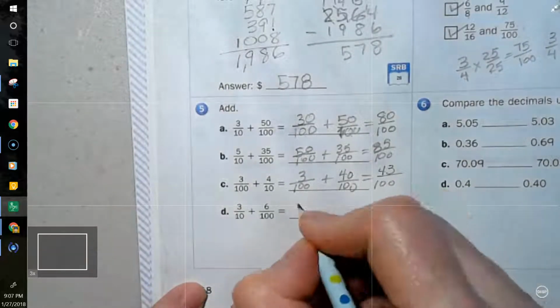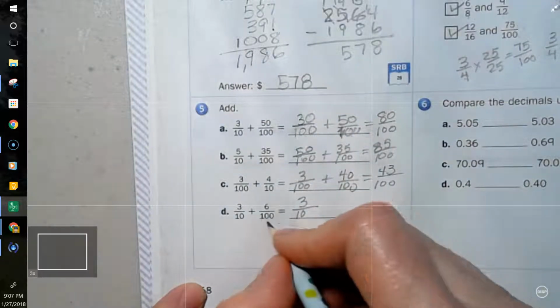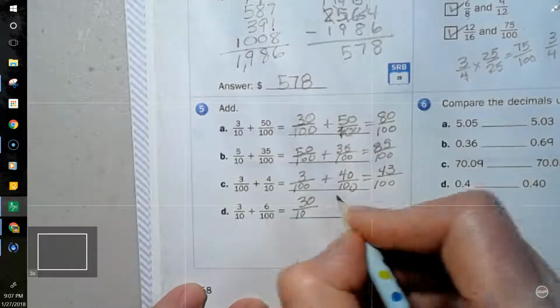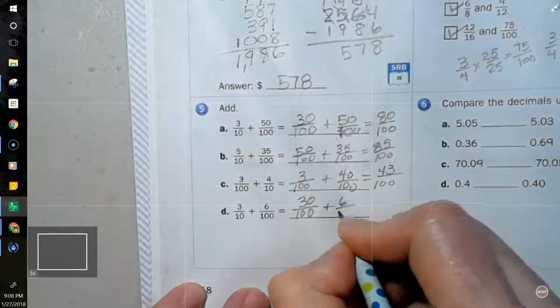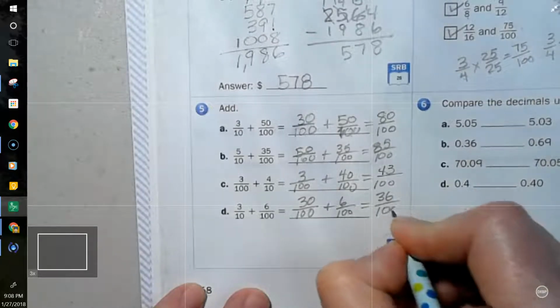And the last one, the first number needs to be put into hundredths because the second one is. I can do that by multiplying the top by 10 and the bottom by 10, plus 6 hundredths equals 36 hundredths.